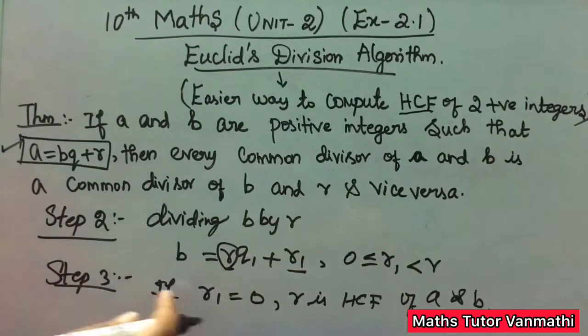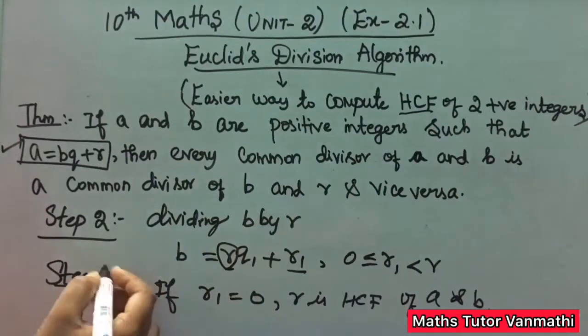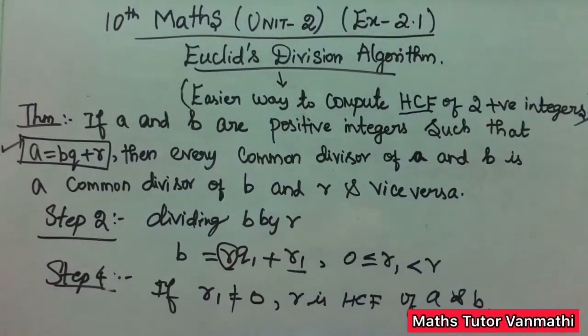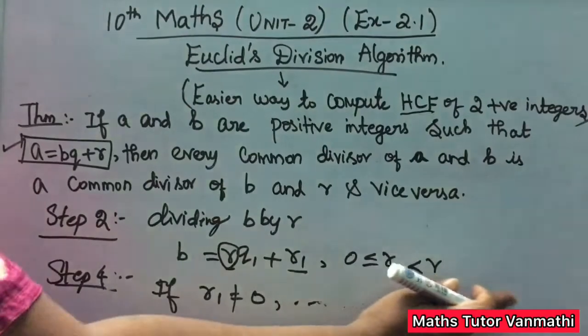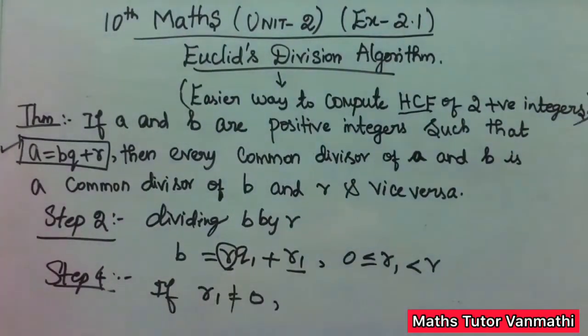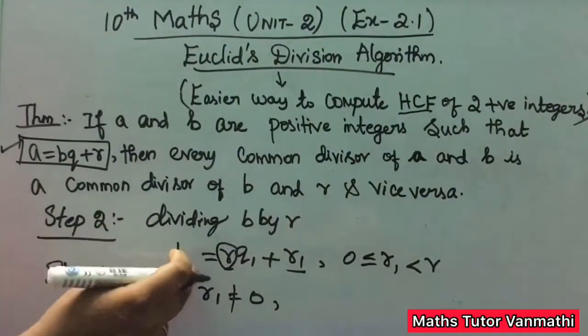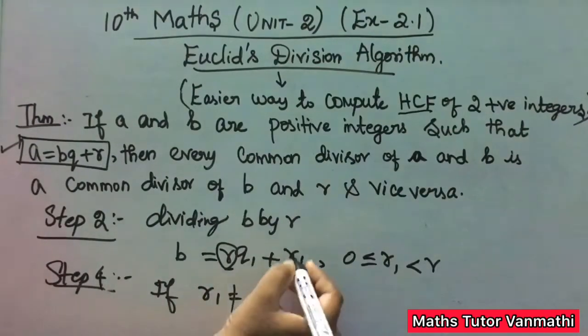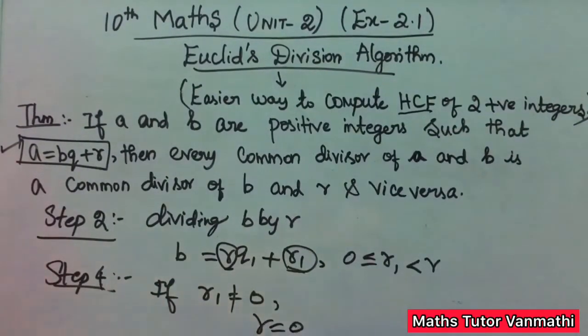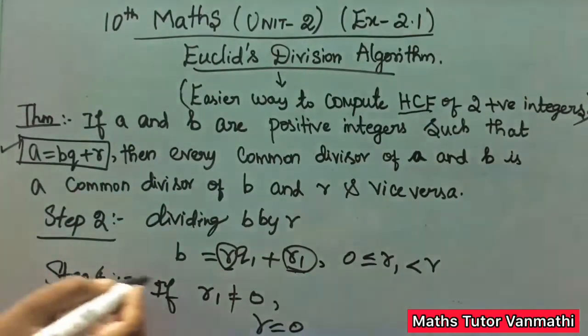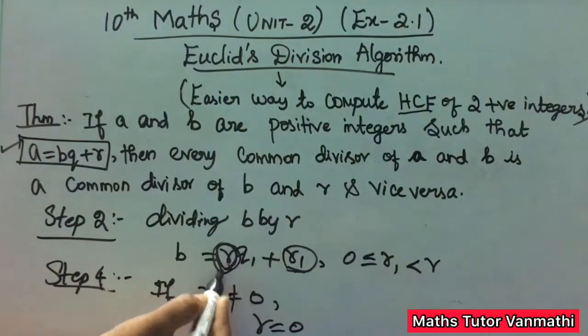That means if R1 is not equal to 0, we are going to repeat the process until the remainder gets 0. If the remainder is 0, we are going to terminate the process and write the HCF as this B value. Okay, clear? These are the steps for Euclid's division algorithm.